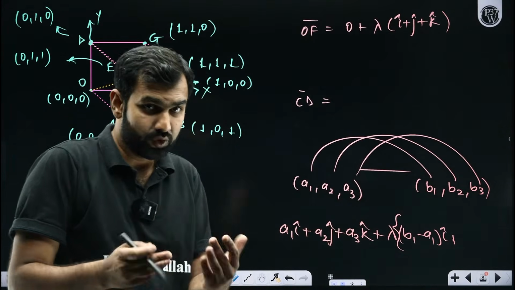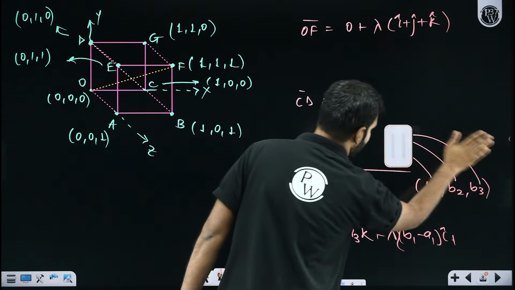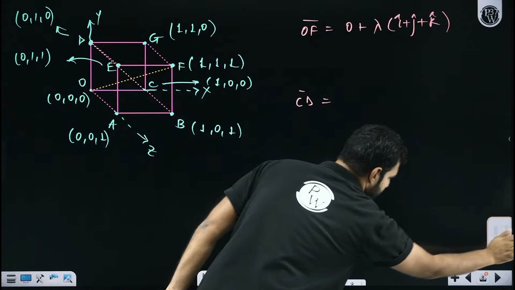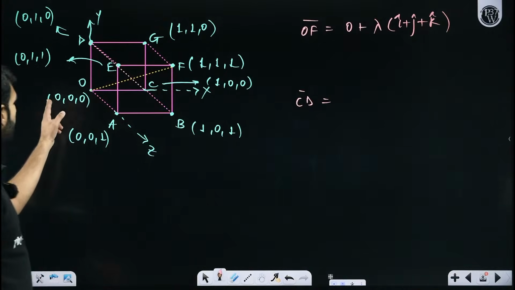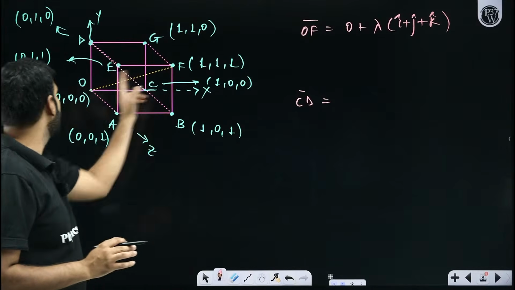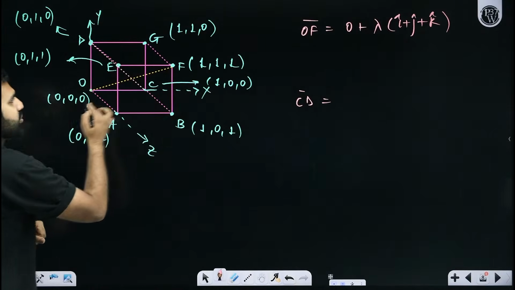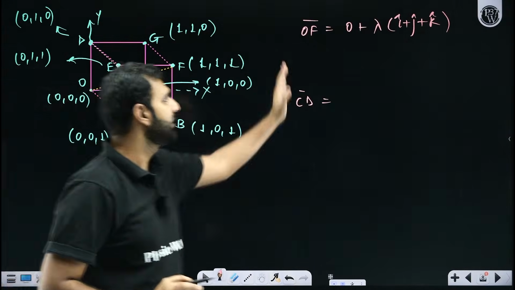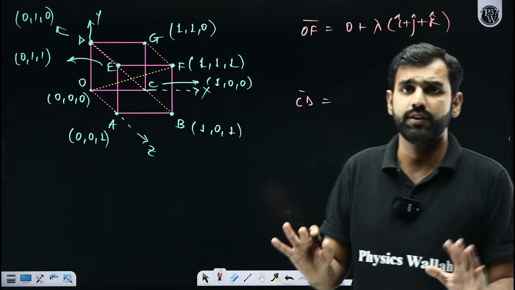I hope you remember this formula, the vector form of a straight line. That's exactly what I'm using here: 0 i cap, 0 j cap, 0 k cap plus lambda times (1 minus 0) i cap, (1 minus 0) j cap, (1 minus 0) k cap. So that's your vector OF. Everybody got this, or shall I repeat this part?